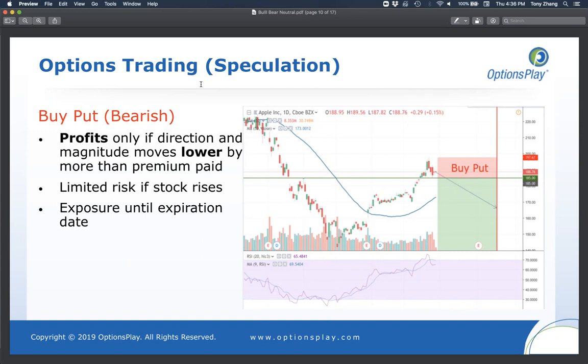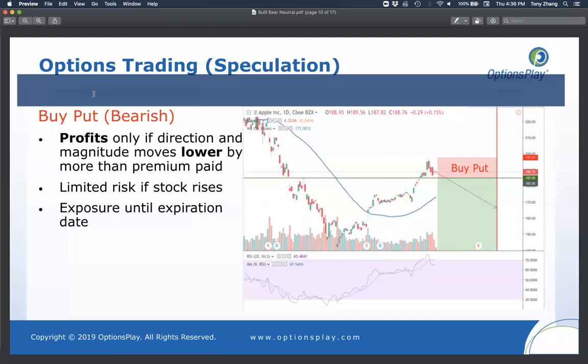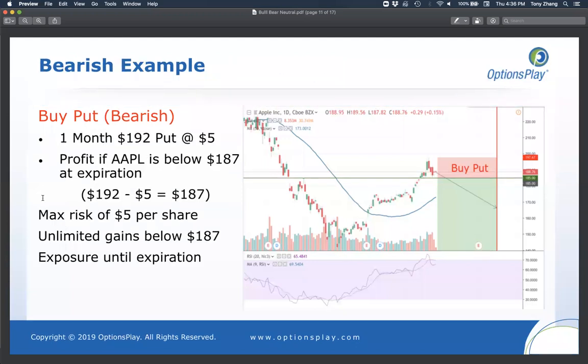This gives you also limited risk if the stock was to rise, and this is substantially better, in my opinion, than shorting a stock, because when you short a stock, you truly have unlimited risk. When you buy a put, the risk is limited to how much you pay for that put, and you maintain exposure until expiration. So in that same example, if I buy a 1-month put at $192 for $5, now Apple stock needs to move down to 187 before my strategy is profitable.